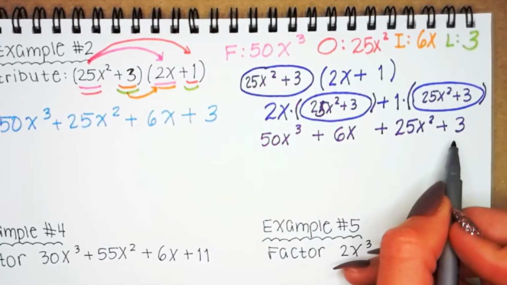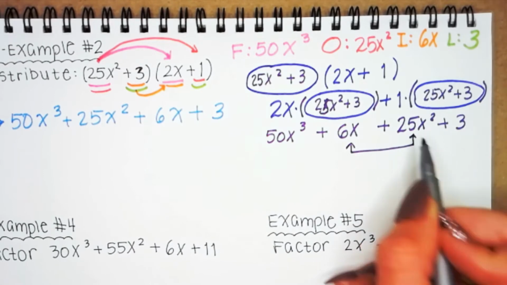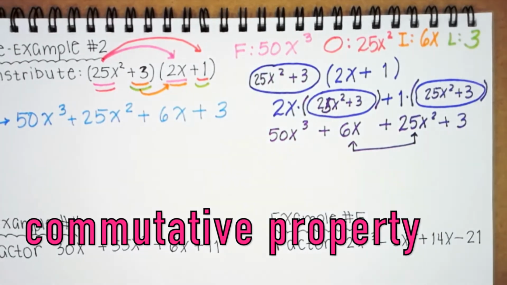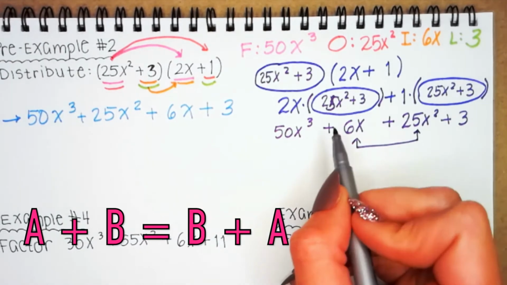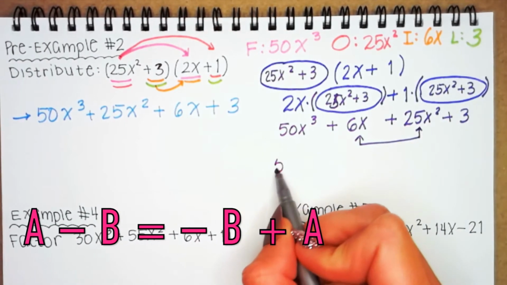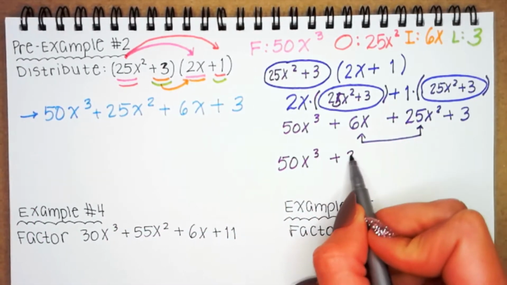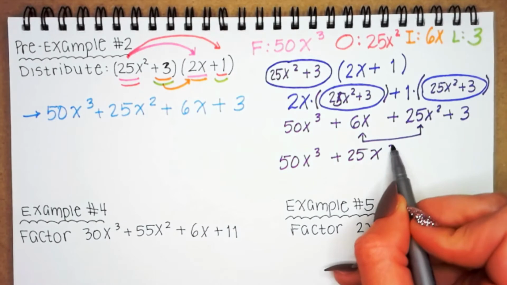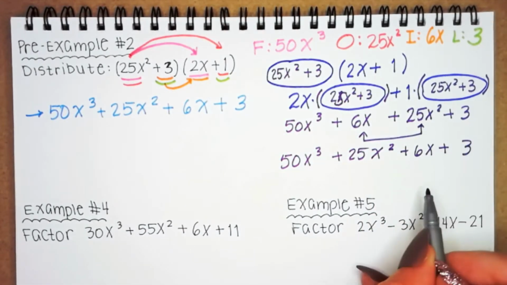Well, this is not in descending exponential order, so I need to do a little bit of rearranging since the commutative property tells me that the order we add or subtract doesn't matter so long as the sign stays with the number. 50x to the third plus 25x squared plus 6x plus 3.